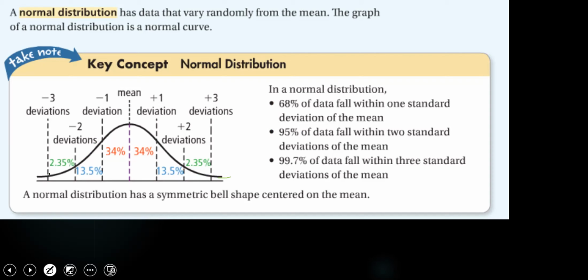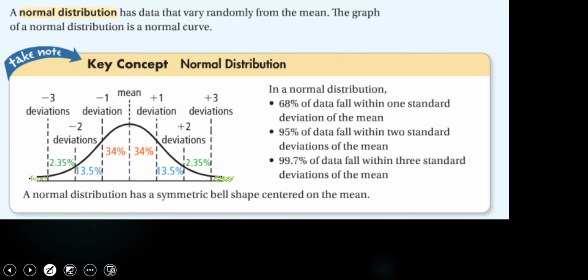So it's not 100. That means there's 0.3% left, which is where we have about 0.15% here and here. So the first thing I want you to know is that the area under the curve is 1.